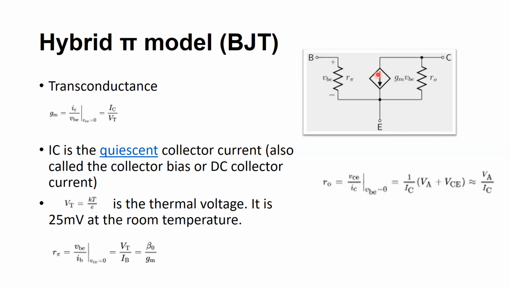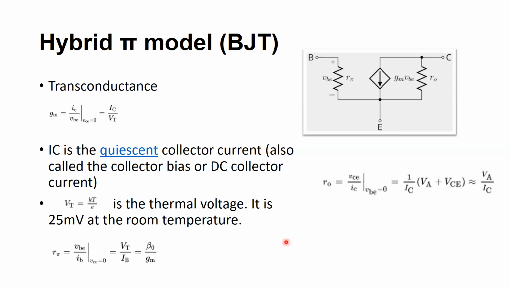This arrow indicates the collector current, and the collector current ic is equal to gm times vbe, and hence gm would be the ratio of ic over vbe. When this current ic flows through the output resistance, you have an output voltage, which is ic, that is gm times vbe, times ro. That will be your output voltage. Then you can calculate the voltage gain, the current gain, and many other parameters.